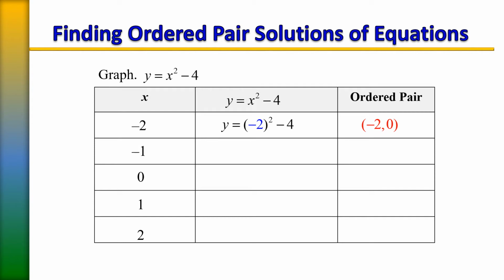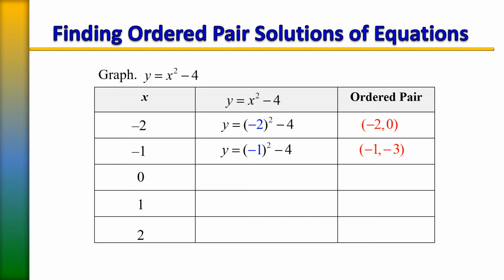Next, let's plug in a -1 for x. -1 squared equals 1, and 1 minus 4 equals -3. So that means when you plug in a -1, what you get out is a -3.